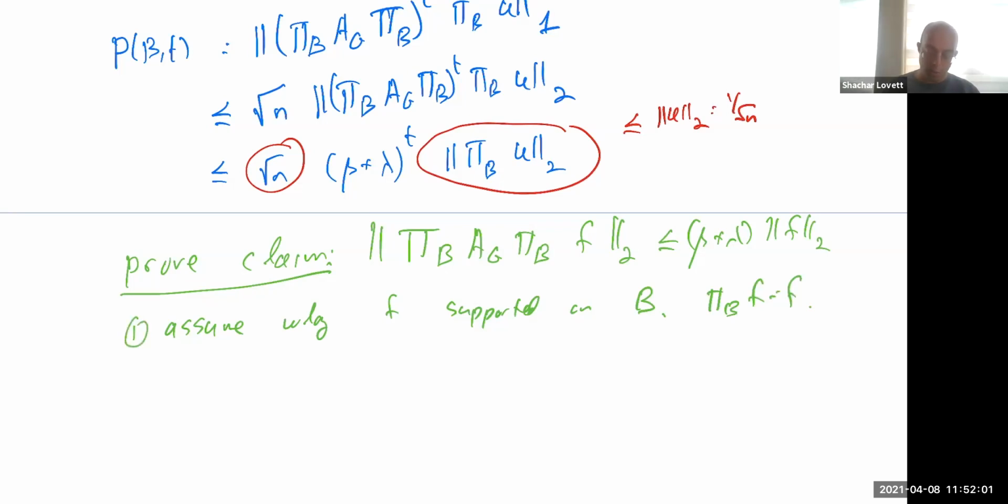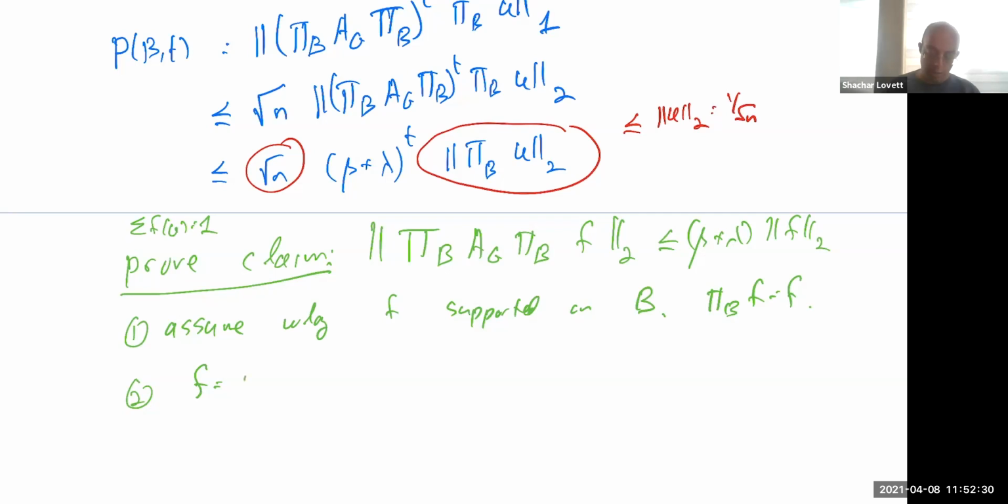Now the second step is we want to study AG f. We know that AG contracts vectors orthogonal to 1. So I'm going to write f as a sum of two things. Let's assume here also f is a distribution, so assume that the sum of fd is 1, because we can normalize, so why not?